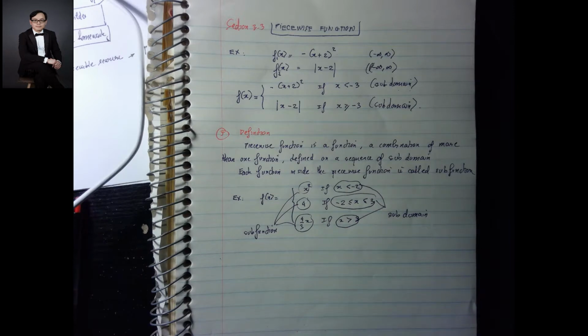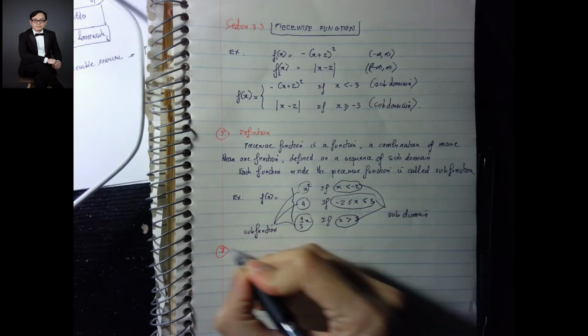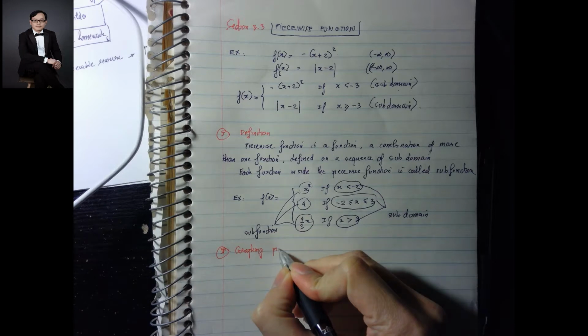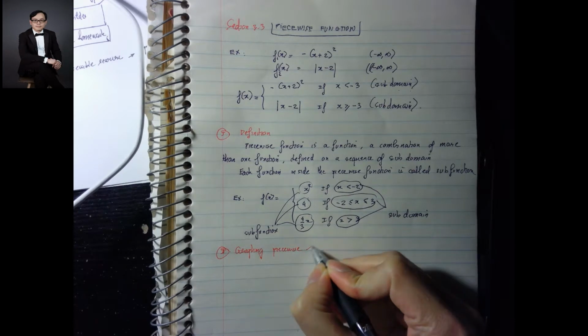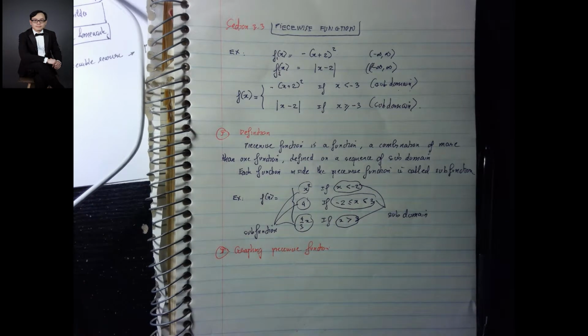Okay. Now let's talk about graphing the piecewise function. When you graph any function, we have to consider the domain, right? It's the same when you graph a piecewise function. You have to consider its domain.